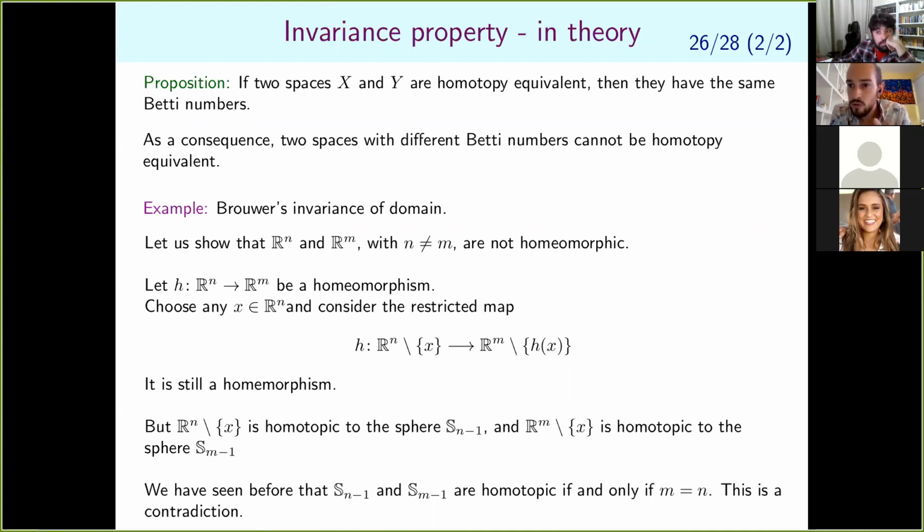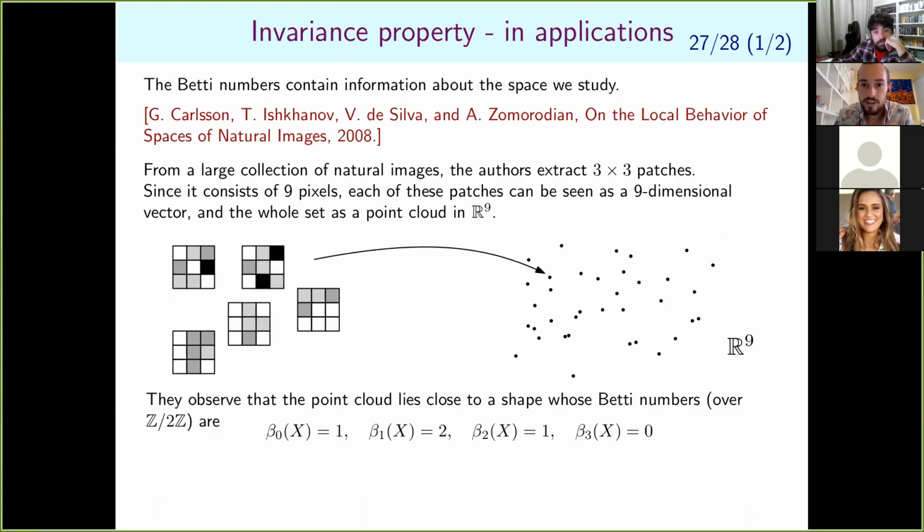And now I'd like to propose an application in practice, how Betti numbers can be useful. So this is a very nice data set from a few years ago. Here they do image analysis. They collect a lot of natural images. A natural image is simply an image you can have by taking a picture with your camera.